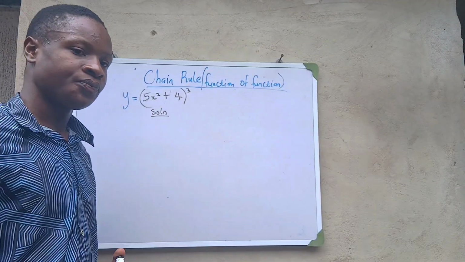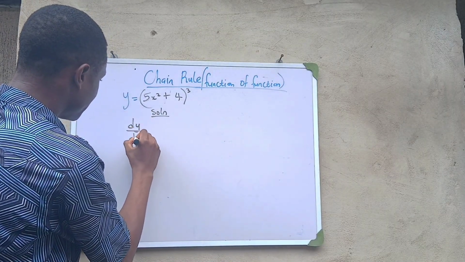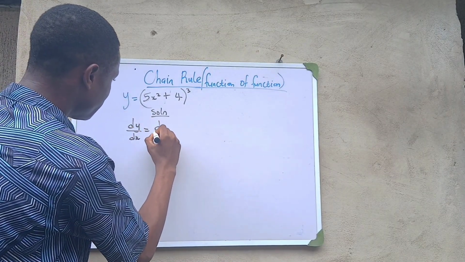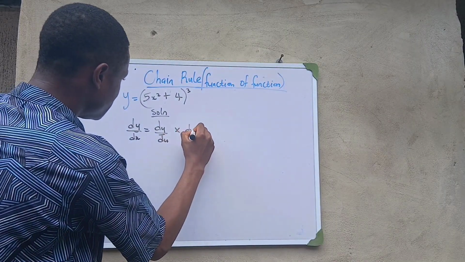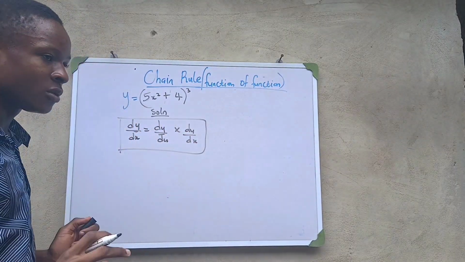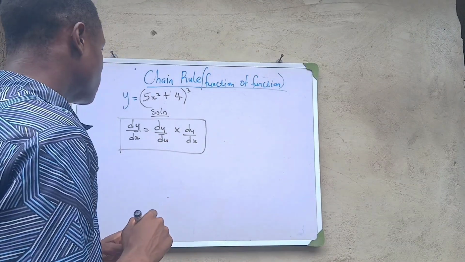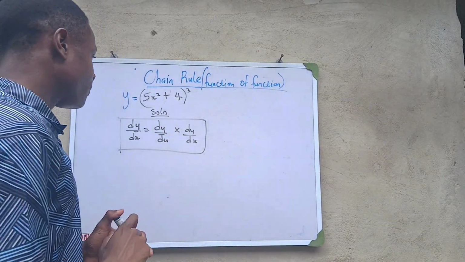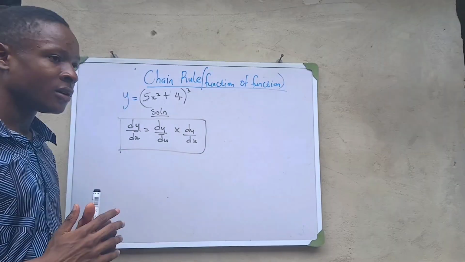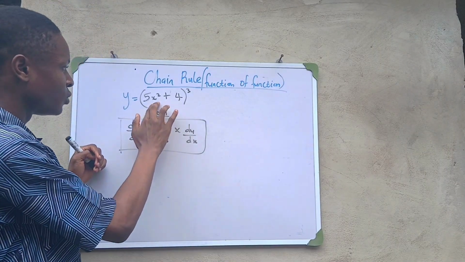So taking the formula which you already know, dy over dx is equal to dy over du times du over dx. This formula is very important to take note of before you can be able to solve chain rule problems. So now in our previous example, we replaced this with u.